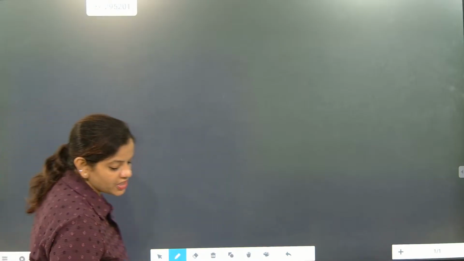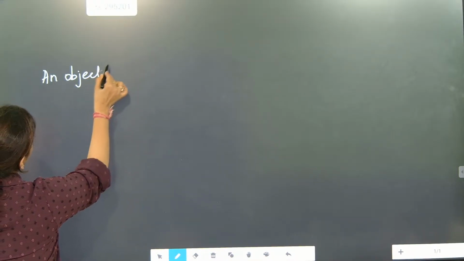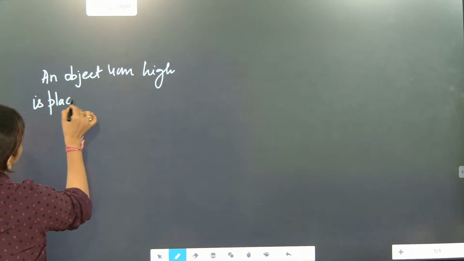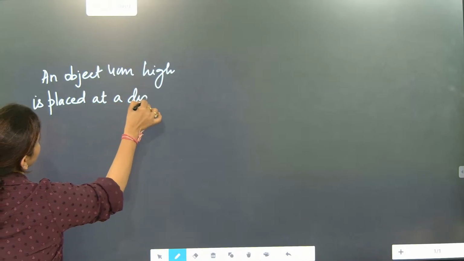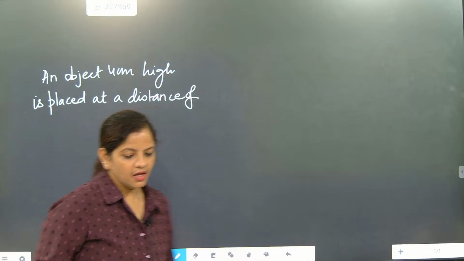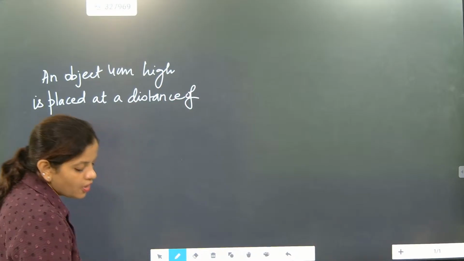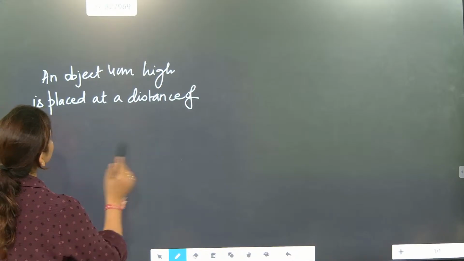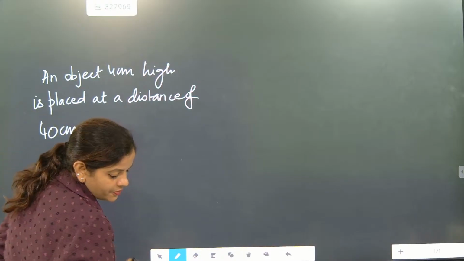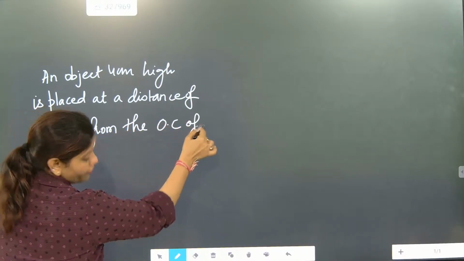Come on. Question: an object 4 centimeter high is placed at a distance of 40 centimeter from the optical center, the OC, of a concave lens.